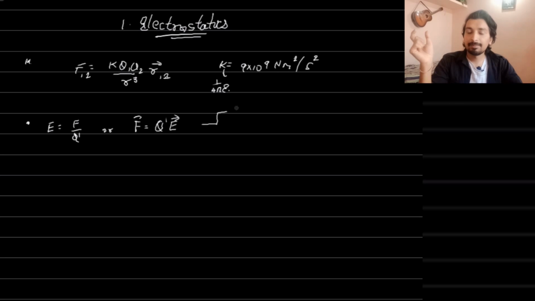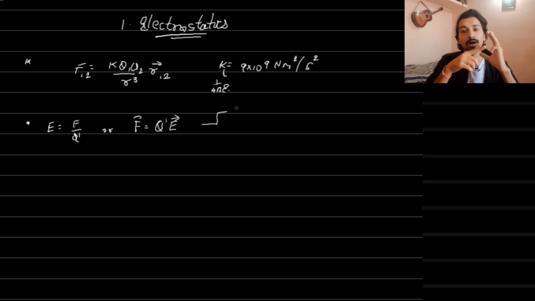It will always be in that multiple. Why? Because the charge of an electron is minus 1.6 into 10 power minus 19 coulomb, and the charge on any object will be a multiple of this electron charge only, because there will be excess or missing electrons. And then you studied about electric field. So you studied about force. Force is nothing but QE, or 1 by 4 pi epsilon naught Q1 Q2 by R square.